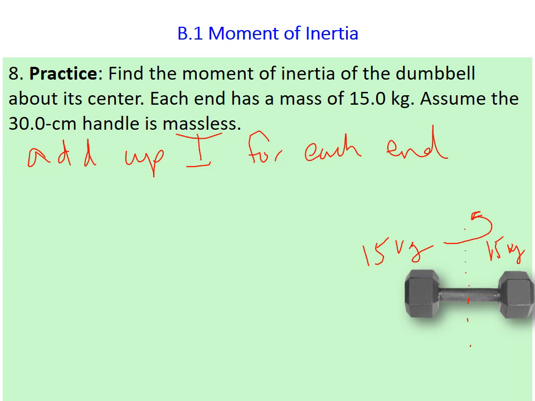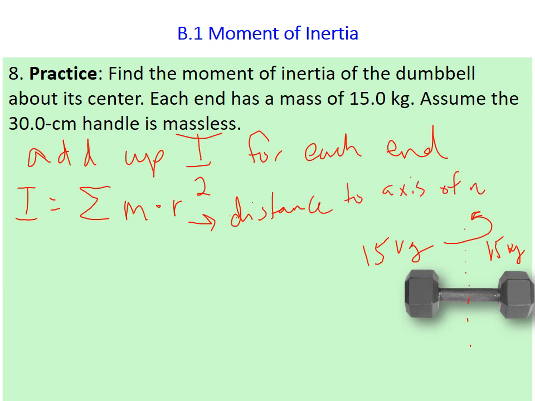Unless otherwise given in a problem, you should use the equation that's given in the data booklet, I equals sigma, the sum of the masses times r squared, where r is the distance to the axis of rotation. It's the moment arm.